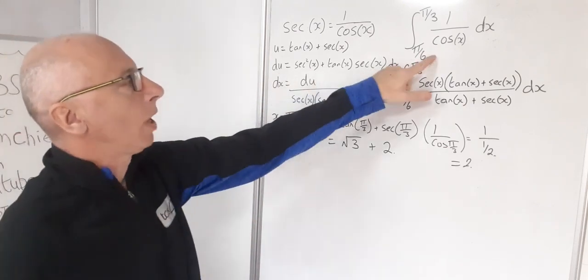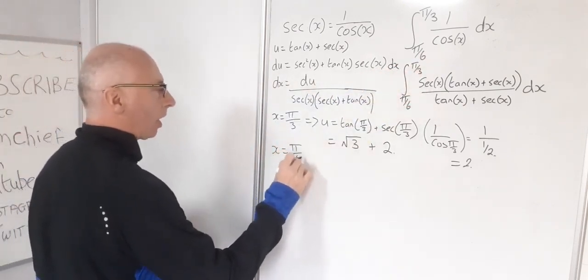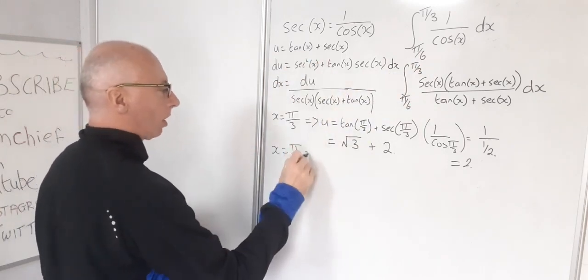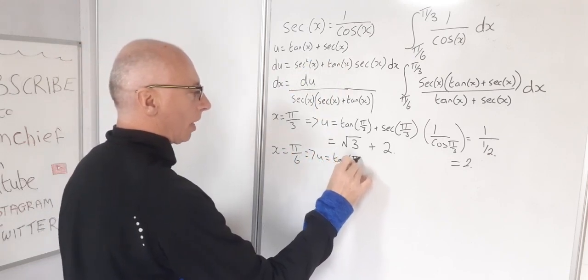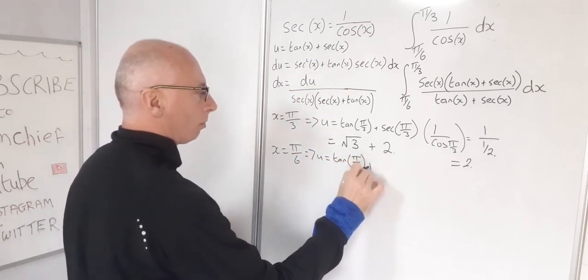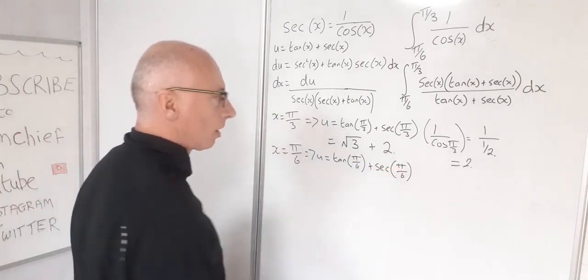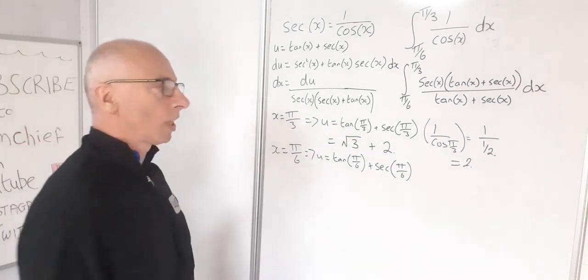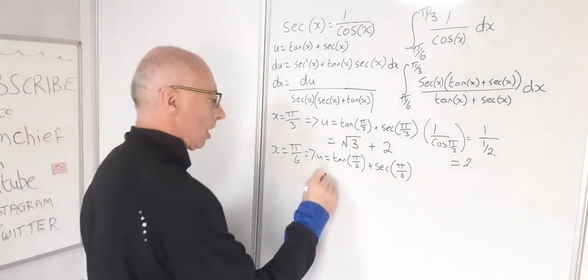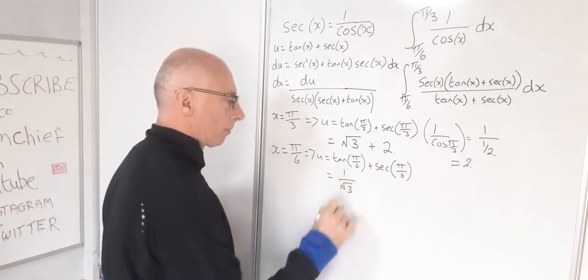Now what about pi over 6? Plugging pi over 6 into my u, that gives me u equals tangent of pi over 6 plus secant pi over 6. We go through the method the same as we did here. Tangent pi over 6, we know that's a famous one on the unit circle. That is the reciprocal of square root of 3.